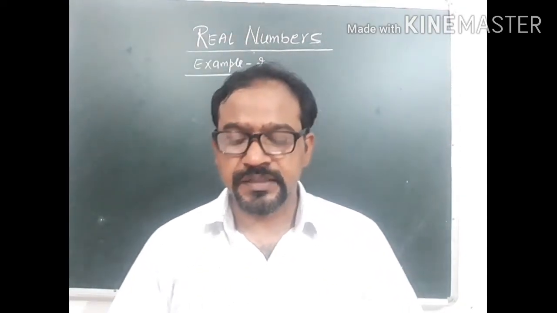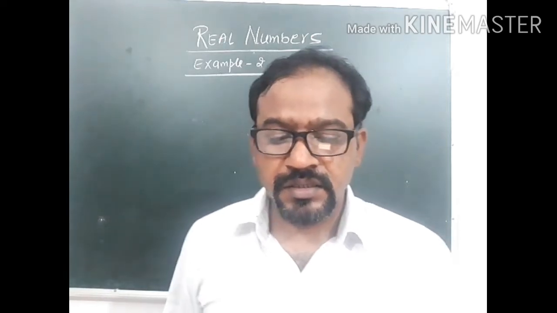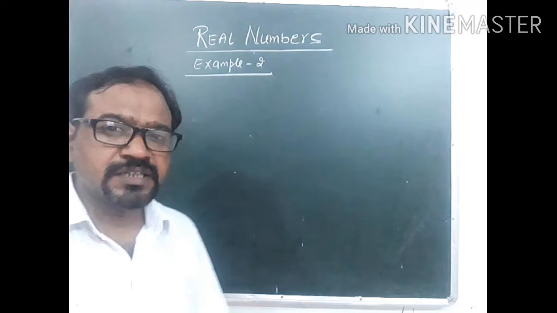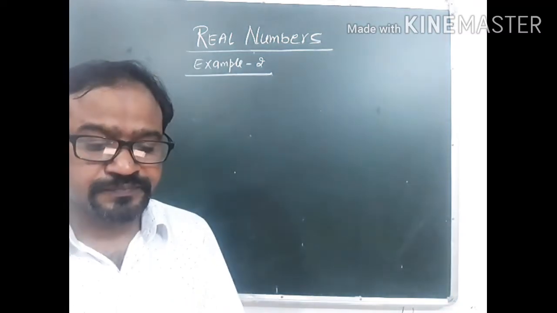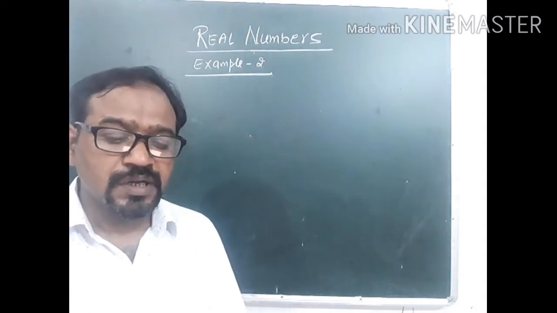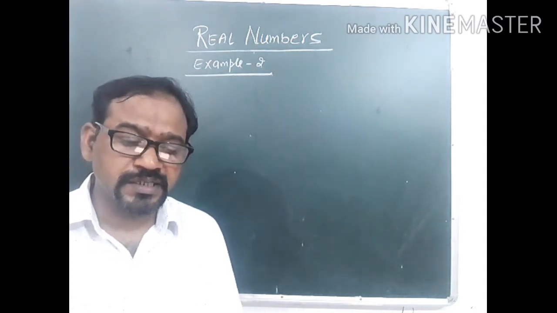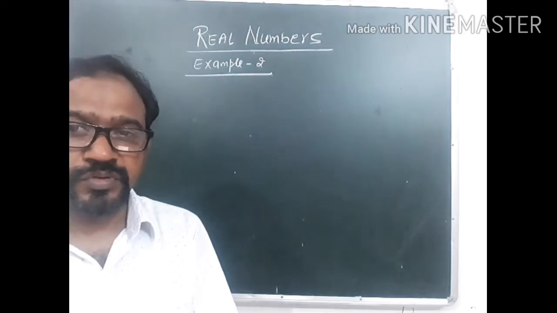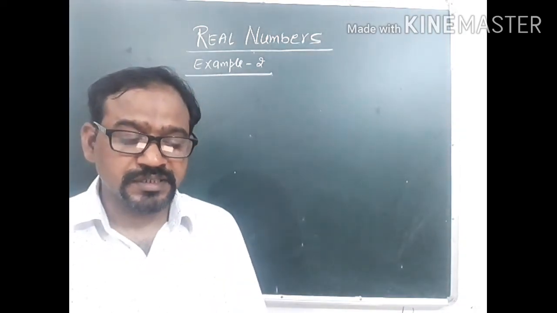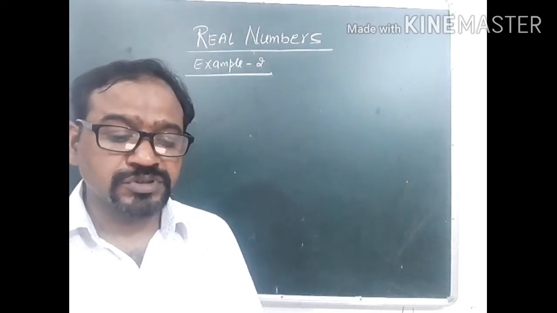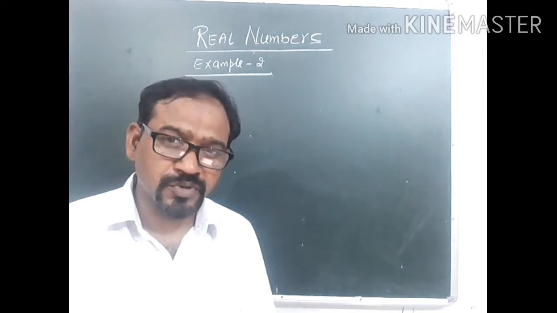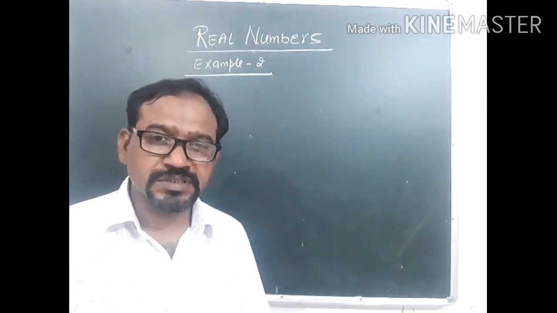Now example second. Show that every positive even integer is of the form 2q and every positive odd integer is of the form 2q plus 1, where q is some integer. So in this example we have to show that every positive even integer is of the form 2q and every positive odd integer is of the form 2q plus 1.